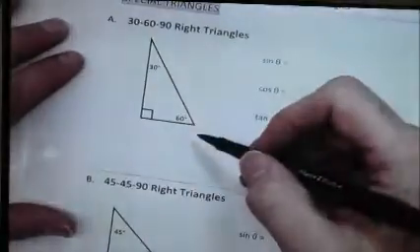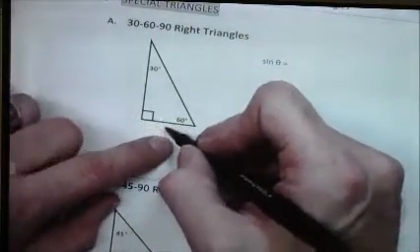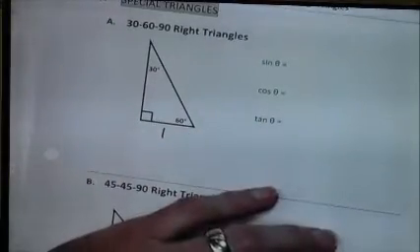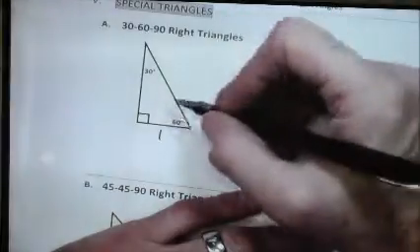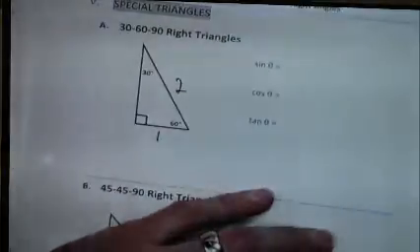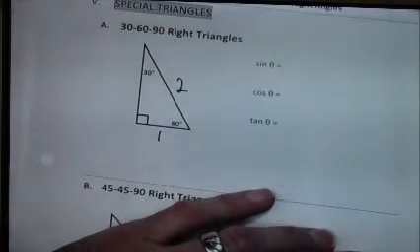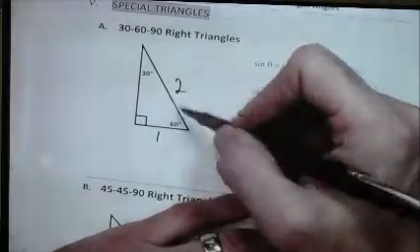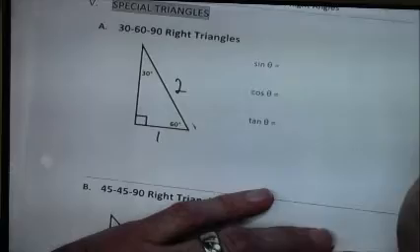If you have a 30, 60, 90, take this one and call it the amount 1. Now, it might be a different amount, but the relationship would be the same. Whatever amount this is, the hypotenuse is automatically doubling every single time. If it's a 30, 60, 90 triangle, the small side is half of the hypotenuse, or the hypotenuse is double the small side, automatically every time.